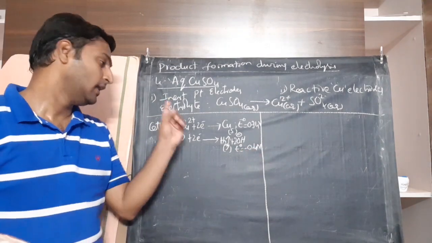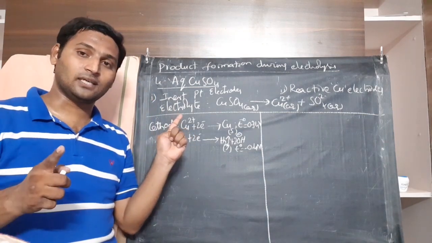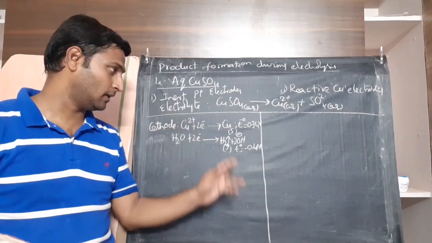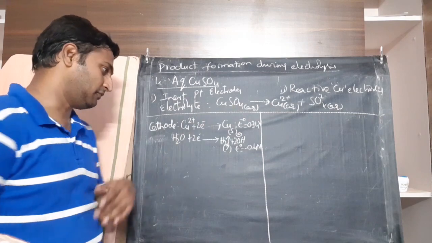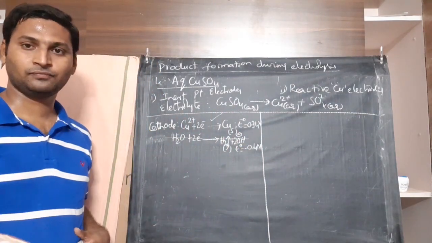Now tell me, according to preferential discharge theory, at cathode, the one with highest electrode potential must undergo reduction. 0.34 minus 0.41, which is larger? 0.34. So this does not occur, this occurs.